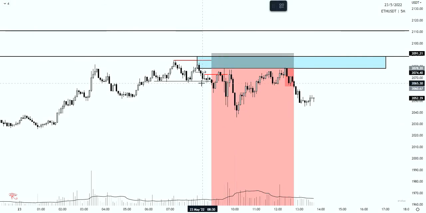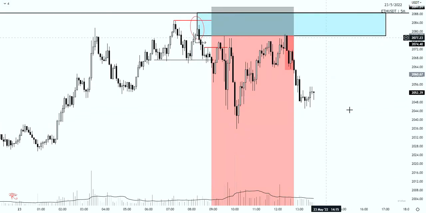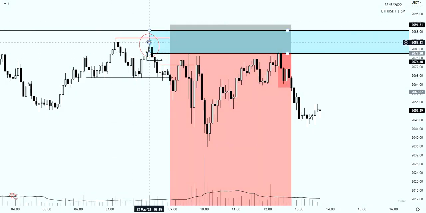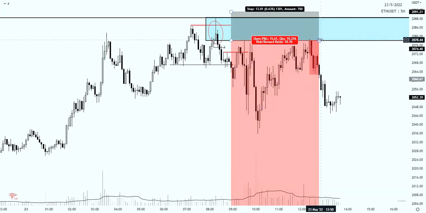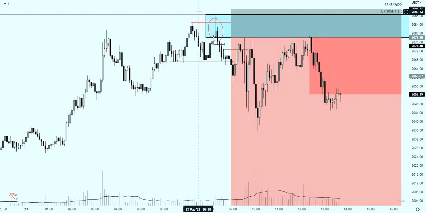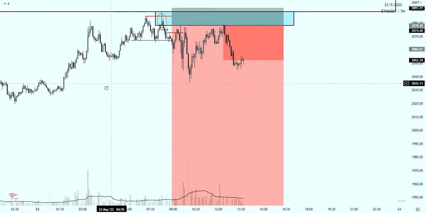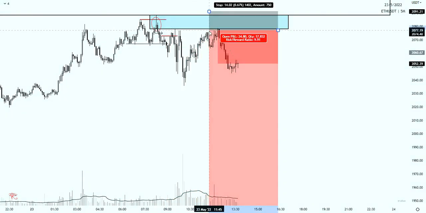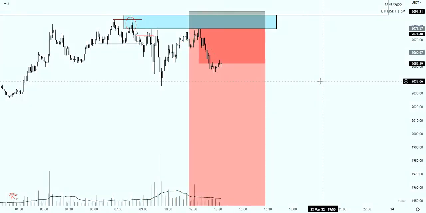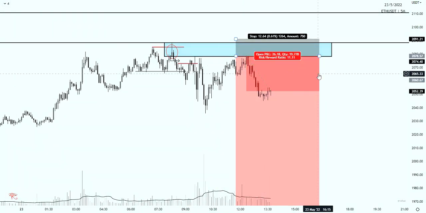So this is where I'm looking at this candle right here and saying, look, this is where algorithms entered. This is where I believe smart money entered positions and looked to take this to the downside, right? So I entered there, or I can enter the following 5-minute break of structure to the downside, 2-minute confirmation.